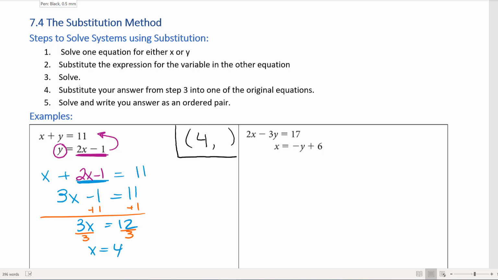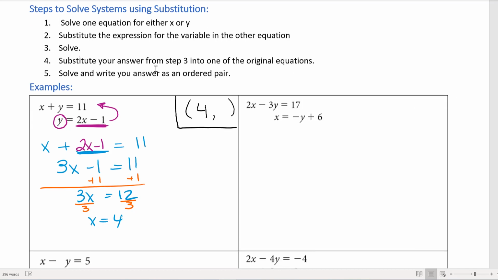How am I going to figure out what the y coordinate is? Well, step 4 says substitute your answer from step 3. So I've already done step 3 to solve it. So I'm going to take this answer and substitute it into one of the top two equations. It doesn't really matter which equation you pick. I am going to pick the second equation because it's already solved for y, and I like that.